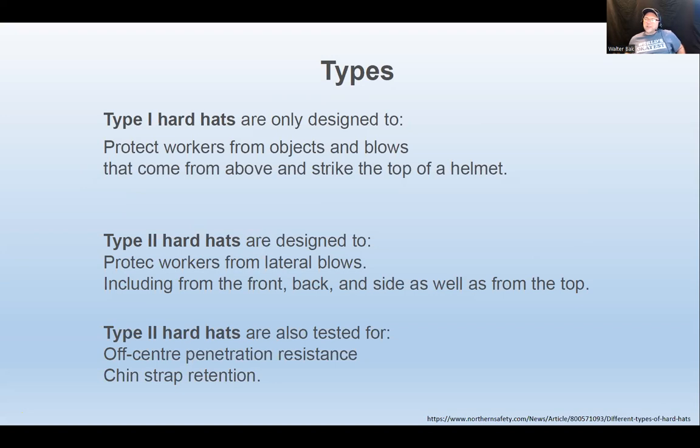Usually those are required in heavy industrial environments when there are lots of lifts and heavy chains swinging left and right, and there's a chance that you might get hit from the side. These are more expensive hats. Type 2 hard hats are also tested for off-center penetration resistance for the chin strap, so they are more heavy duty. Oil rigs, for example, would require that for sure. In our class, type 1 is just fine. If you get type 2, fine. You can drive a Cadillac to school if you want. Nobody stops you. But type 1 is just fine.